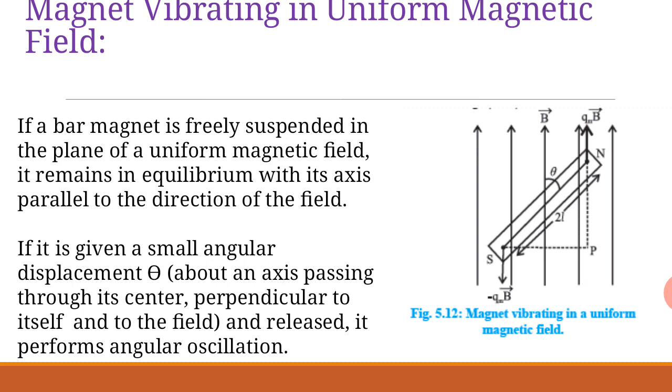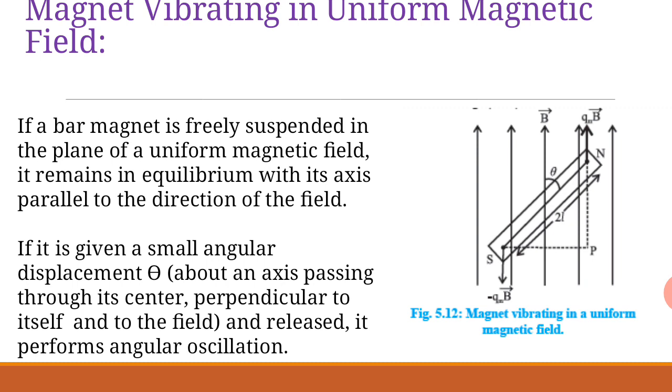Just now you can see over here a magnet is there having north and south pole, and the pole strength can be written as Qm, and the other pole strength is minus Qm. So the pole strength and the magnetic field are there, and 2L is the magnetic length, and theta is the angle made with the magnetic field.